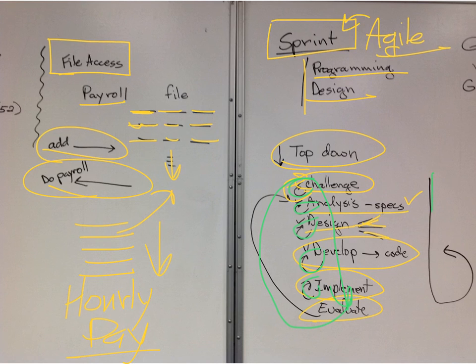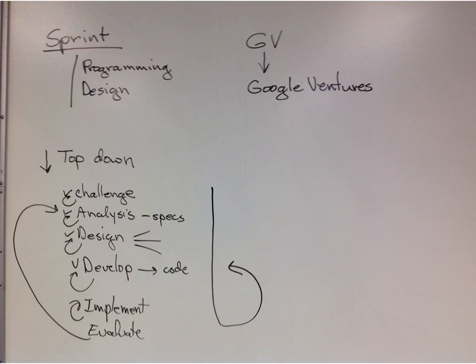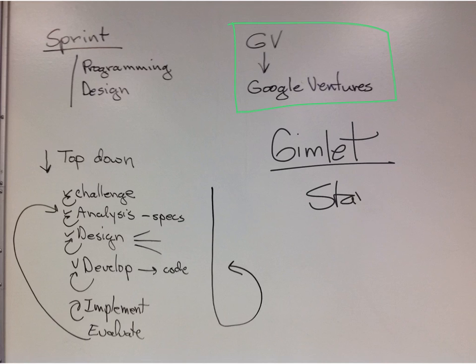Well, a sprint runs through this quickly and then iterates right away. We build some type of prototype. Good example we use with Google Ventures and the Gimlet. Did that Gimlet. I showed the example of the startup, in which they showed the process of doing this.